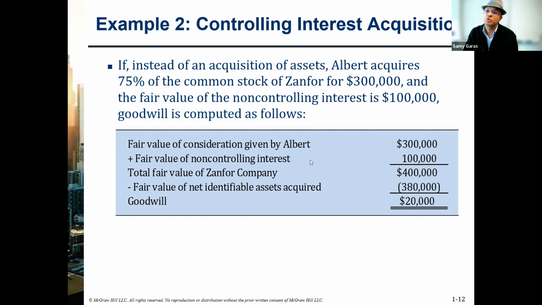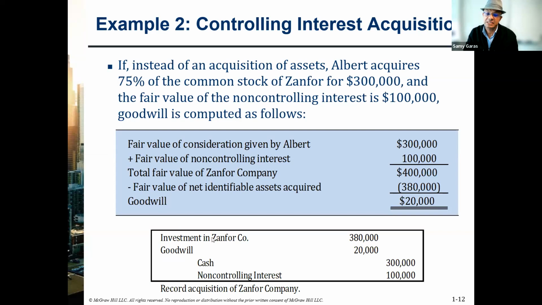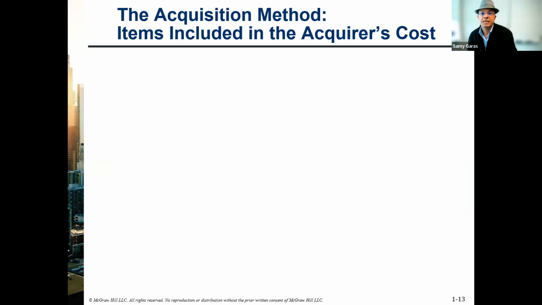So how do we make the journal entry here? We debit investment in Zanfor Company by 380, debit goodwill by 20, and this tells you that the debit side doesn't change whether we own 100% or less than 100%. But on the credit side, we put cash and non-controlling interest, and this will show on the parent company accounts.